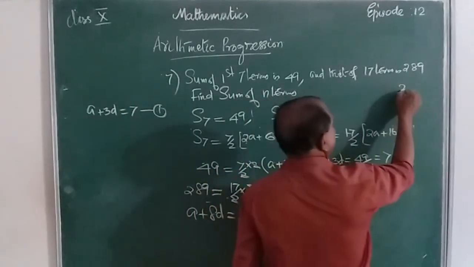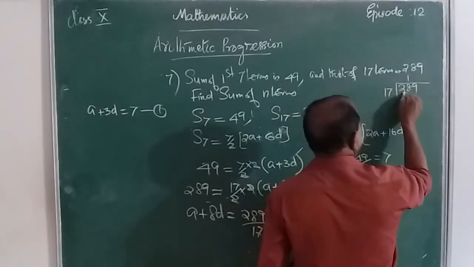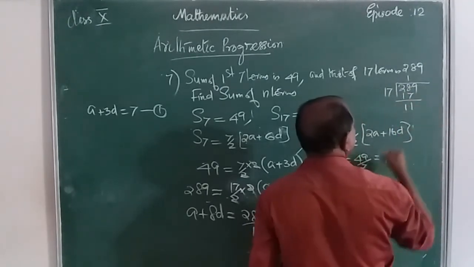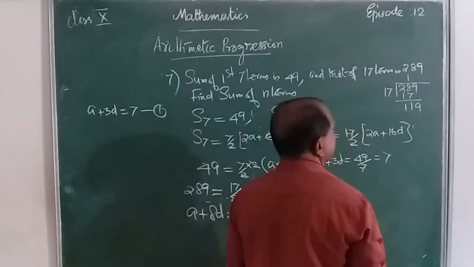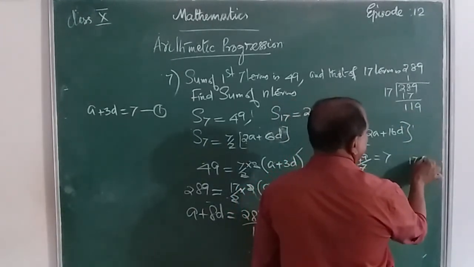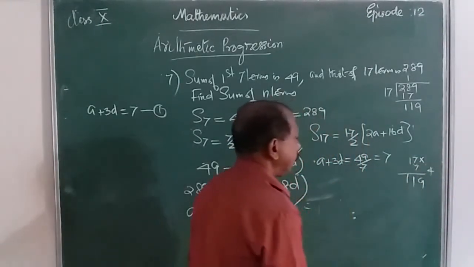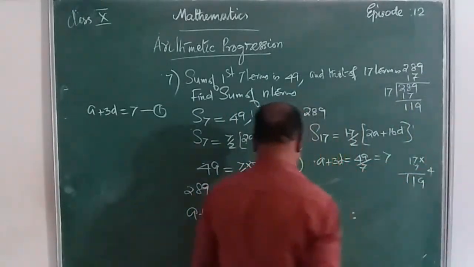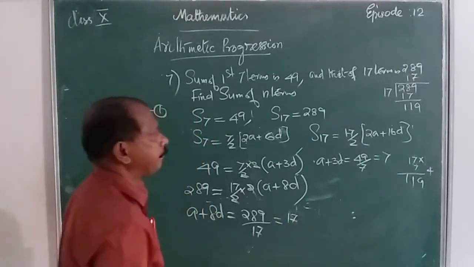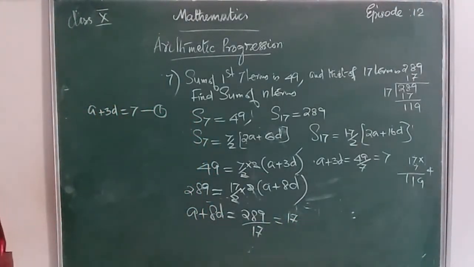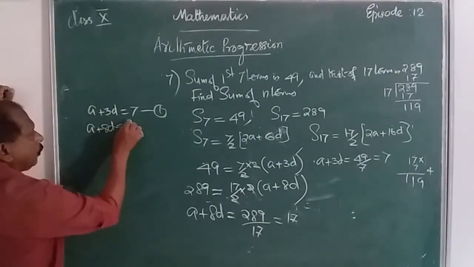We can divide 289 by 17. 17 into 17 is 289. Therefore, a plus 8d is equal to 17.